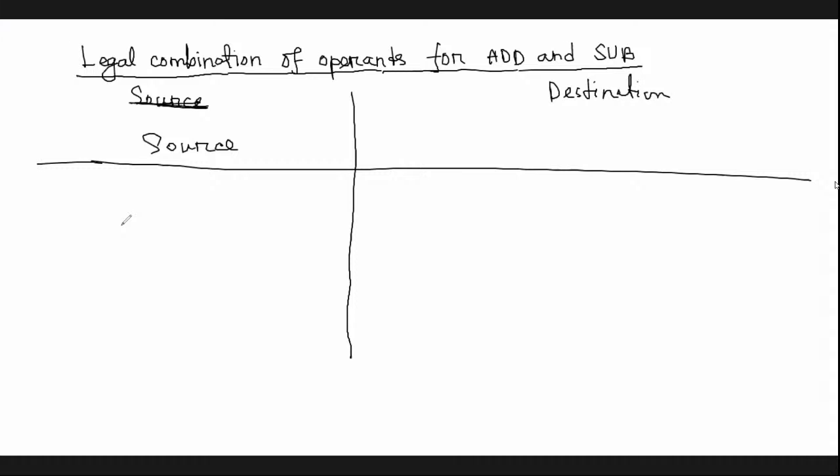In destination, suppose we have a general register and a memory location. We omit the segment register because we normally don't use it for add and sub. Here we also have general registers.